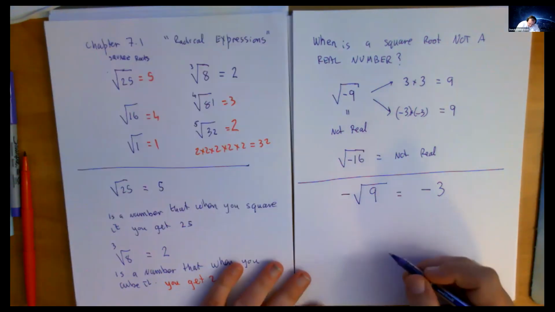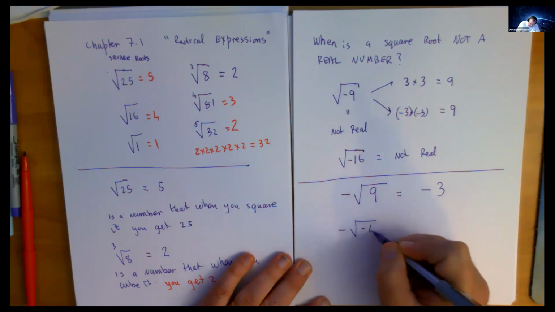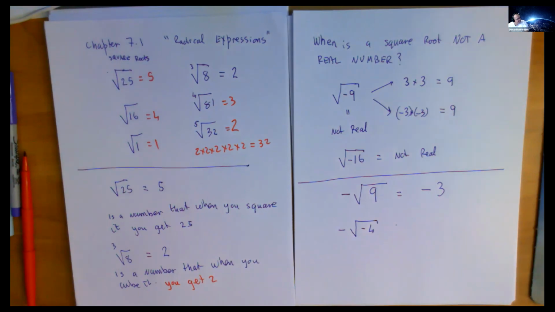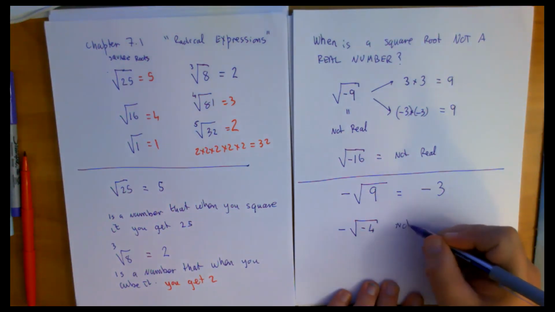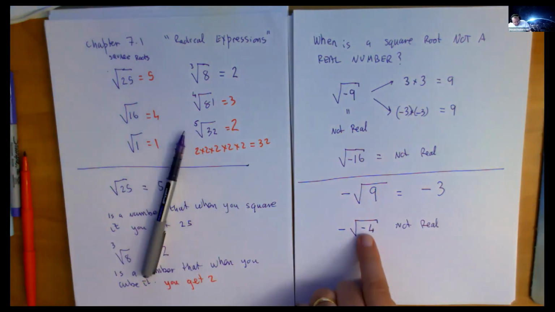What about that? Not real. Correct. What about this negative? Well, that's what makes it not real. See, if something's not real, sticking a negative in front of it just means it's a negative thing that's still not real, right?